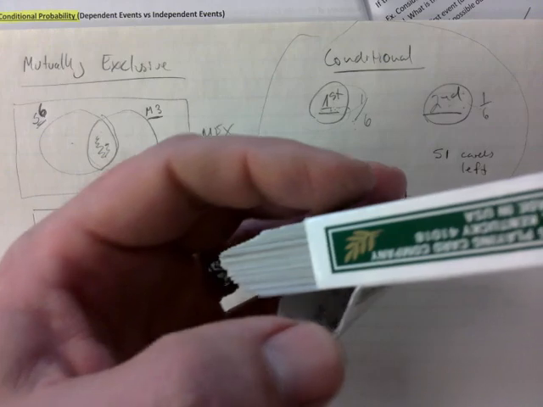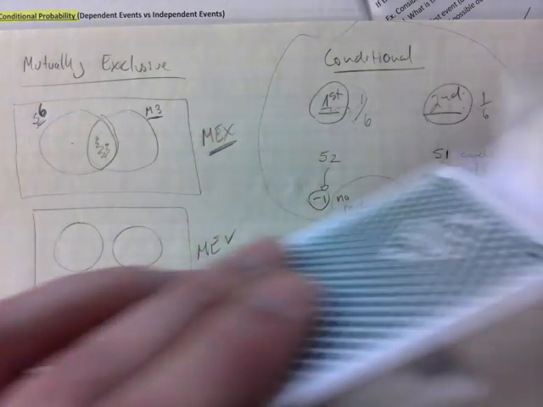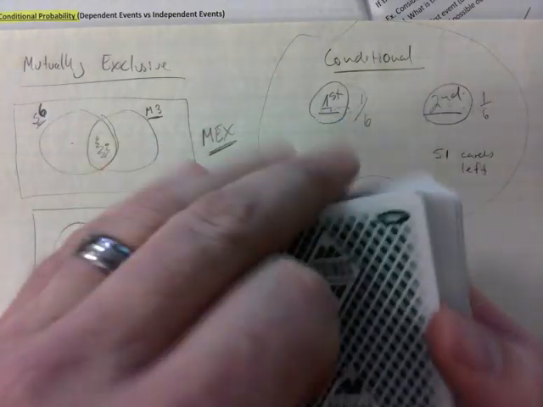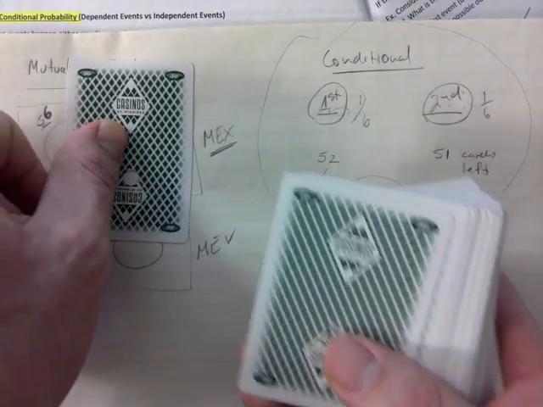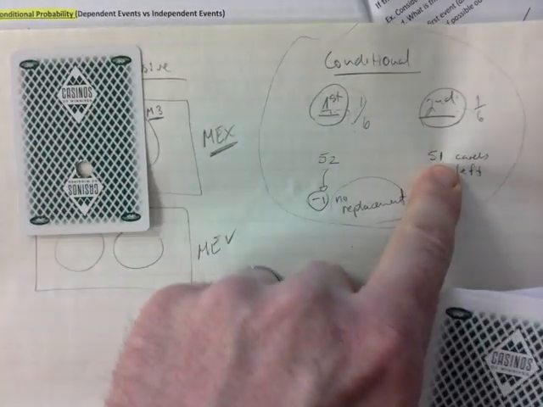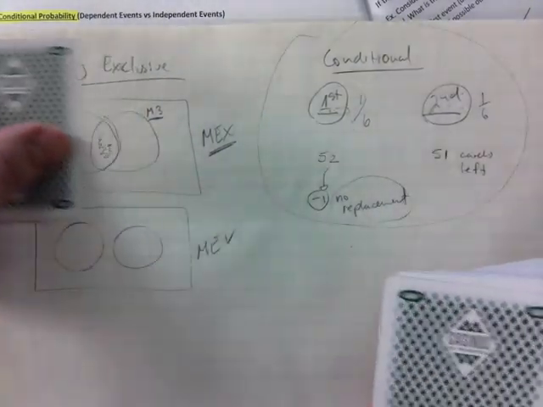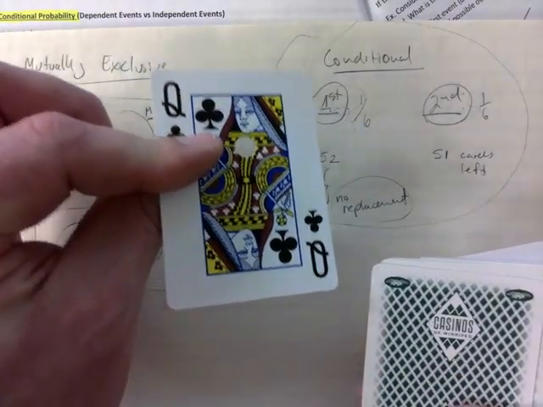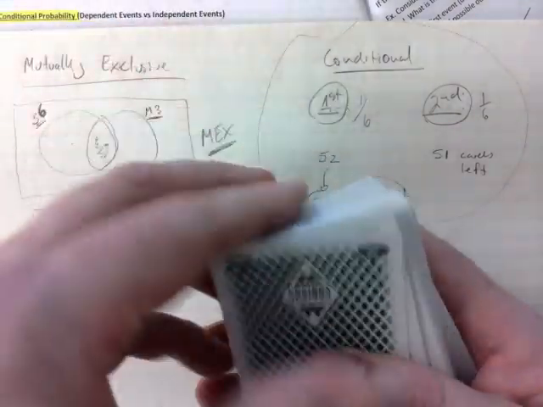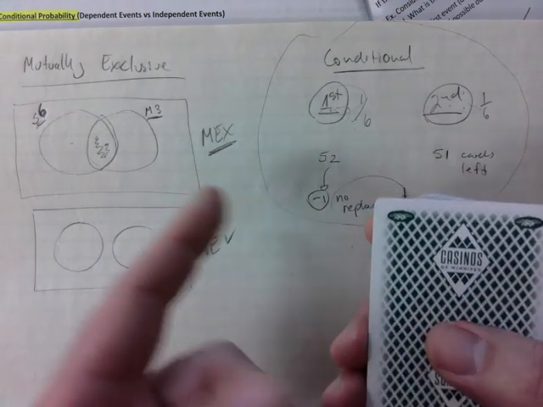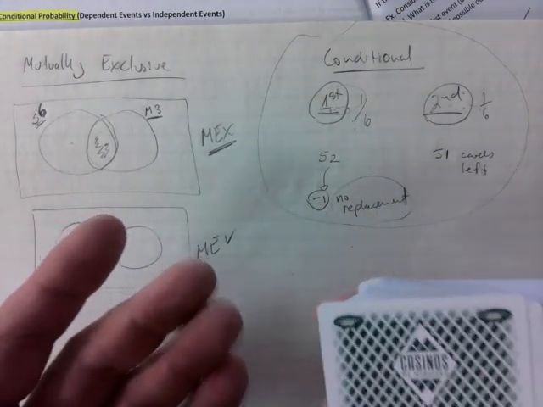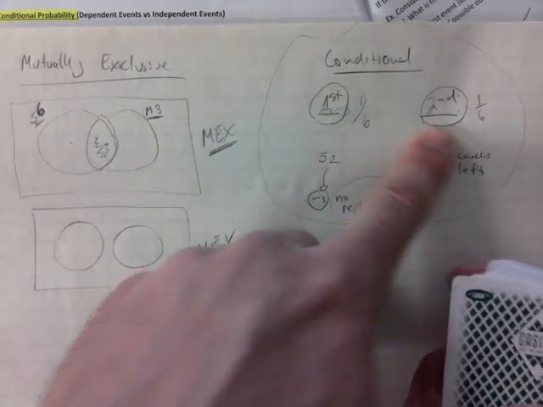That's different. With a deck of cards, you have to watch for the wording. If somebody grabs a card and doesn't put it back, it does affect my second event. But if somebody grabs a card, looks at what it is, and then puts it back in the deck for the next person to take, it would still be considered an independent event. The first one will not affect my second outcome.